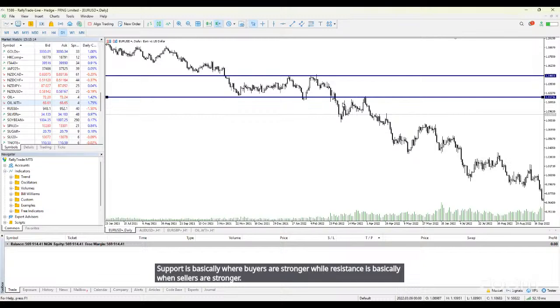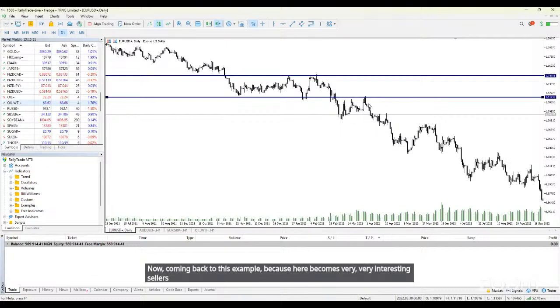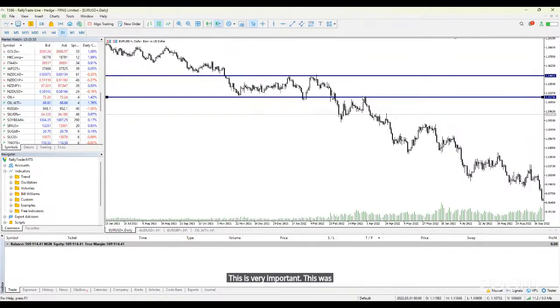Now, coming back to this example, because here becomes very, very interesting. Sellers won, the buyers pushed the price back. Now sellers moved from 114.80 down to 111.71. This is very important. This was a previous support, now became a very strong resistance.